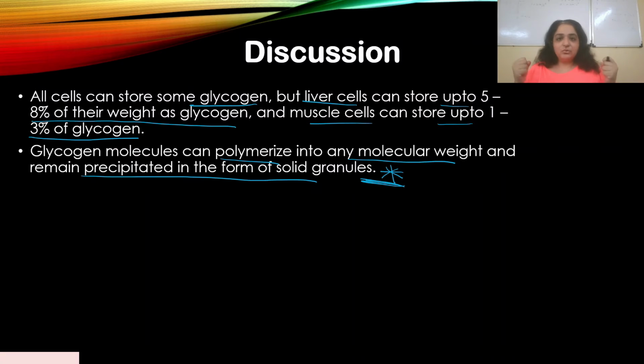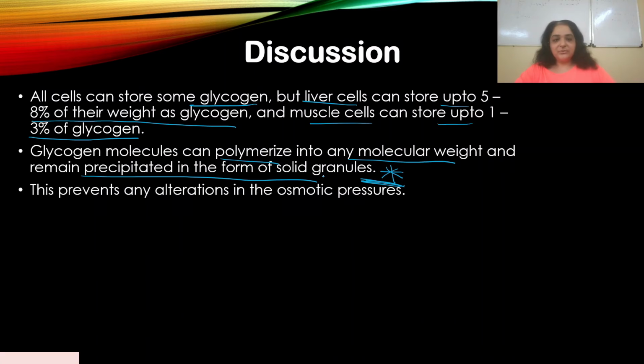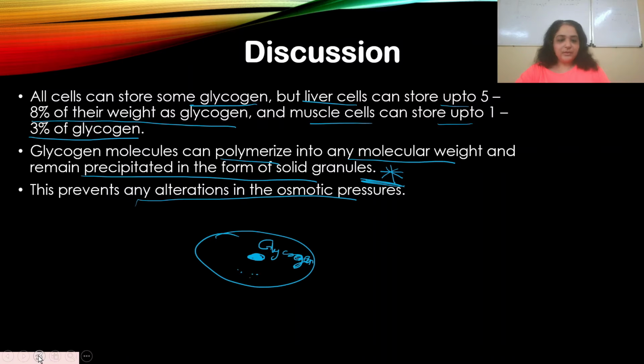Just imagine if glycogen was present in the dissolved state, it would alter the osmotic pressures. So this prevents any alteration in the osmotic pressure. Imagine you have a liver cell or muscle cell, and you have glycogen over here, and imagine if this glycogen was in the dissolved state.